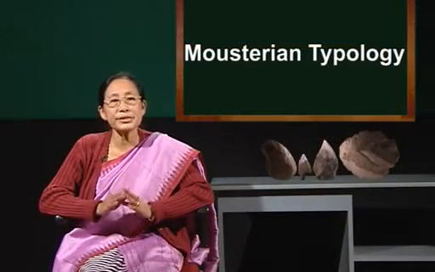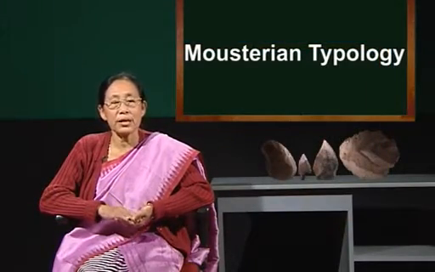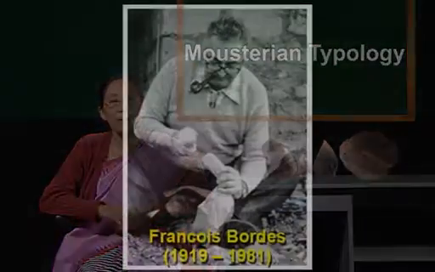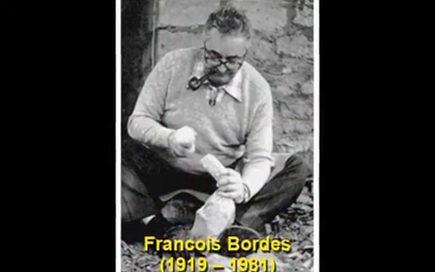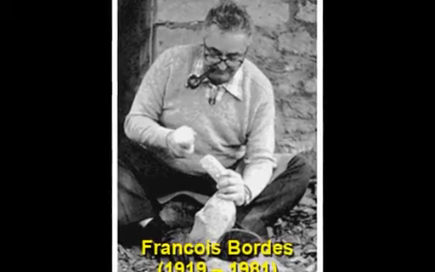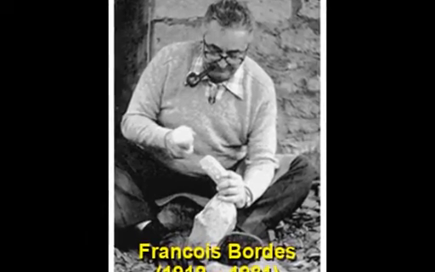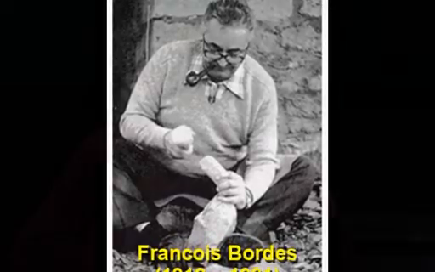Now let us discuss the Mousterian typology. French archaeologist François Bordes developed an elaborate typology for the Mousterian artifacts with 63 different types of flake tools recognized, based largely on their shape and the location of retouch, with some attention to the appearance or kind of retouch scars as well.